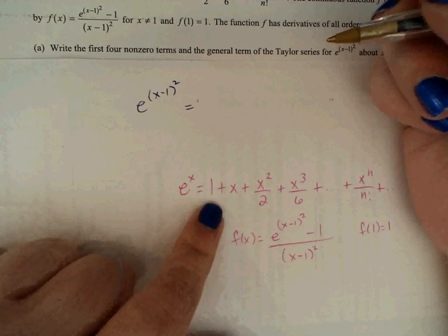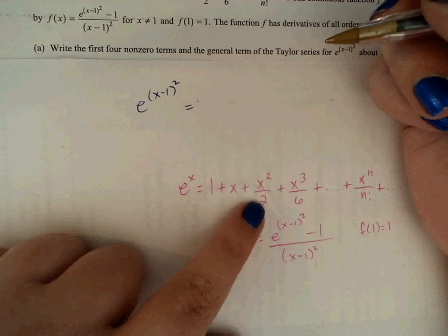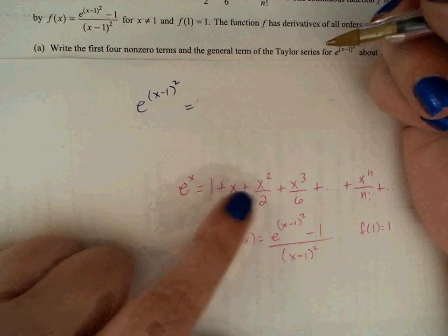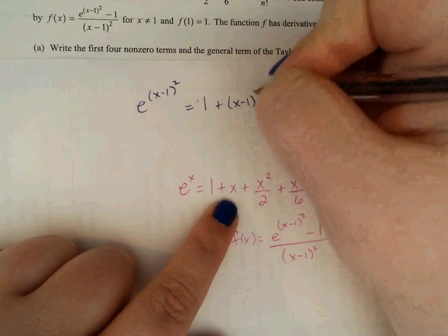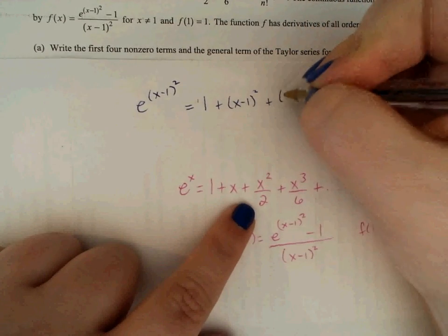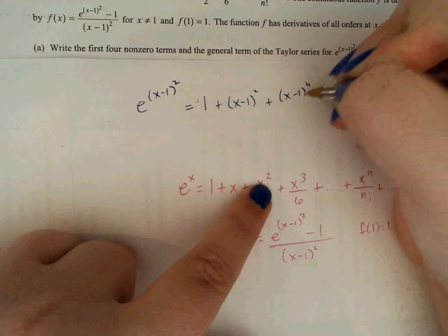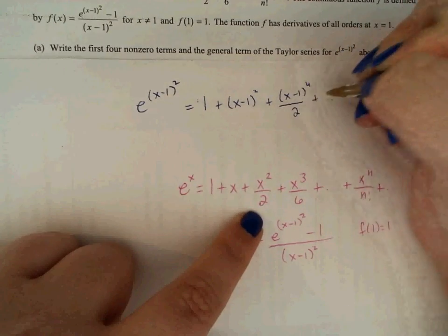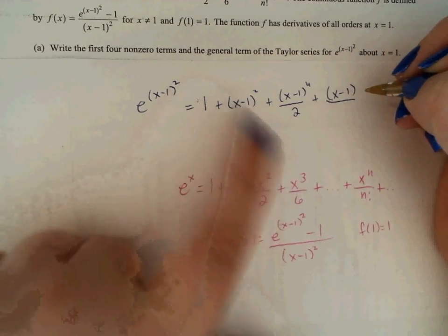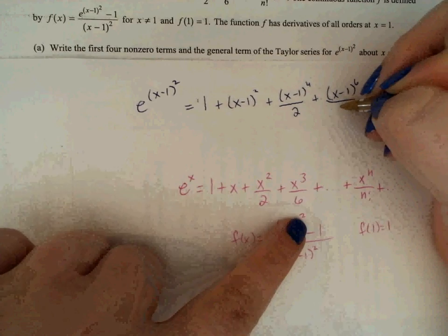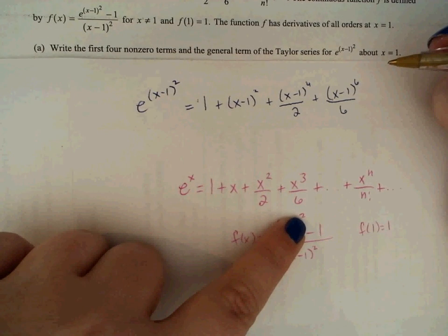So if e to the x equals this, then e to the x minus 1 quantity squared is going to equal... first 4 non-zero terms, right? So what we're going to do is just plug in x minus 1 quantity squared for every x. So we've got 1 plus x minus 1 quantity squared plus x minus 1 quantity, now it's squared, so to the 4th, divided by 2, plus x minus 1 squared to the 3rd, so to the 6th over 6.